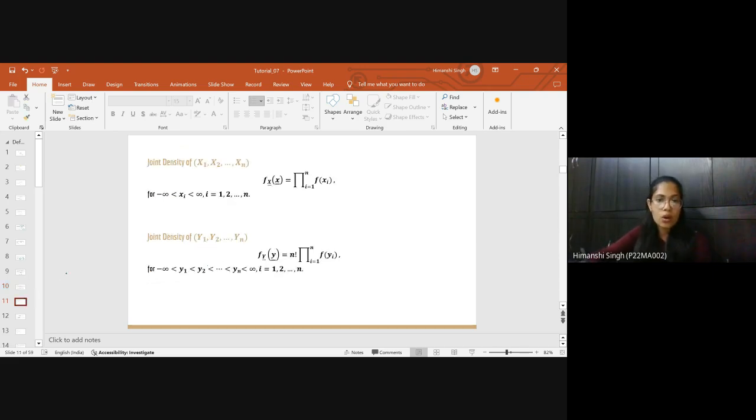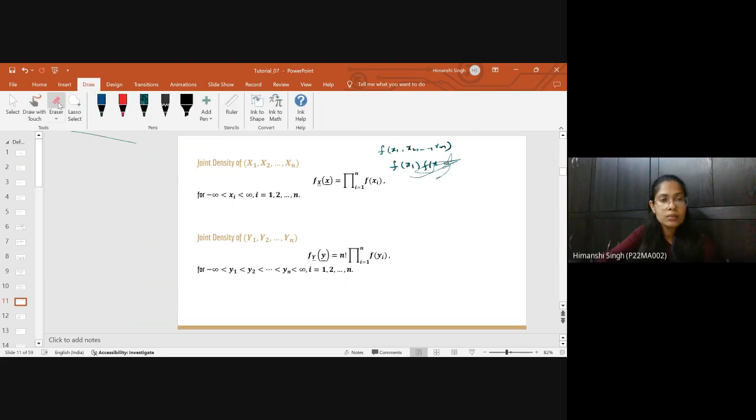Now, apart from this, we also have the joint density of x1, x2, xn. Since we have considered all of them to be independently distributed, the joint density f of x1, x2, xn, because they are independent, can be written as f of x1, f of x2, up to f of xn.